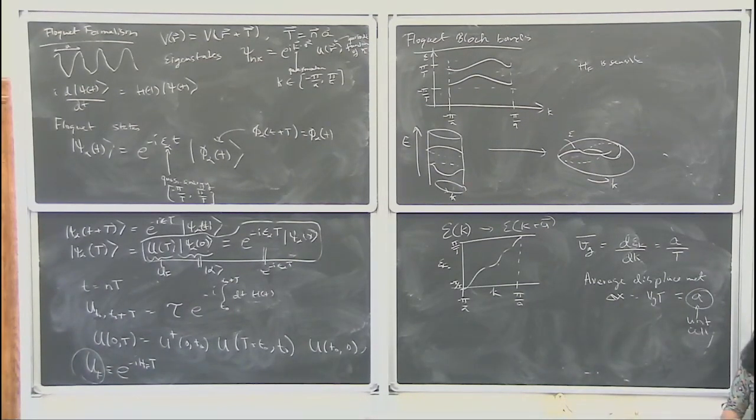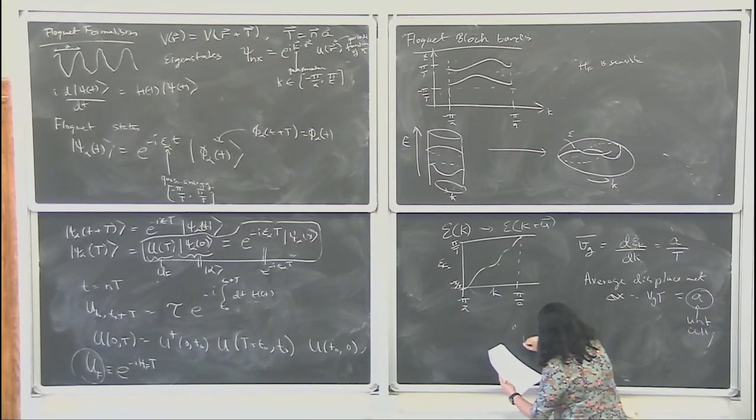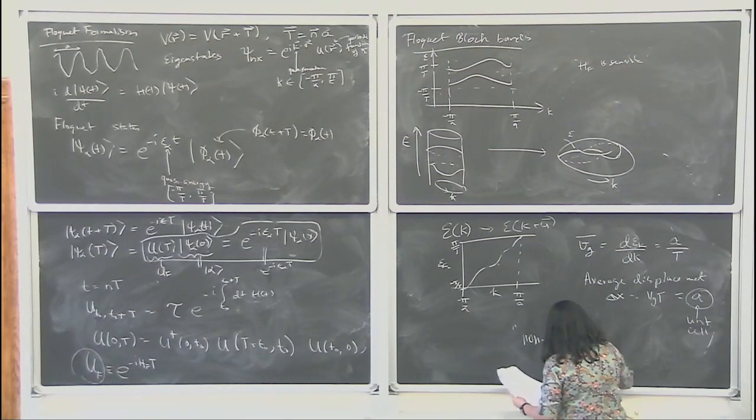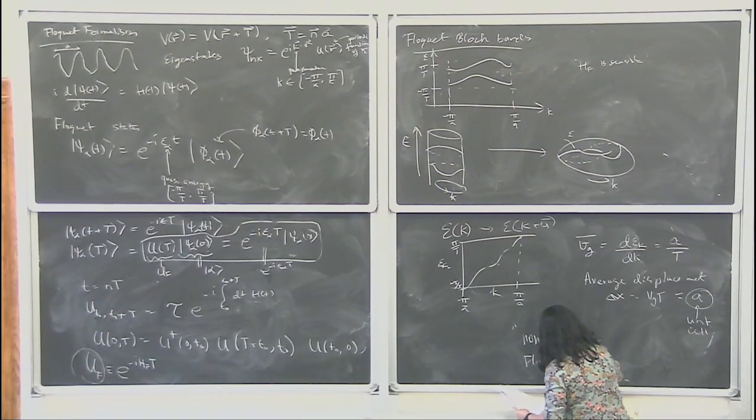So this is really remarkable, right? We heard in Joel's lectures that there's this notion of a Thouless pump, where you have some band structure and you can adiabatically deform the parameters, and as a result of that adiabatic deformation, the system looks as if it's pumped one unit of charge from one edge to the other. Here, there's no adiabaticity, so this is like a non-adiabatic Floquet Thouless pump, if you will.